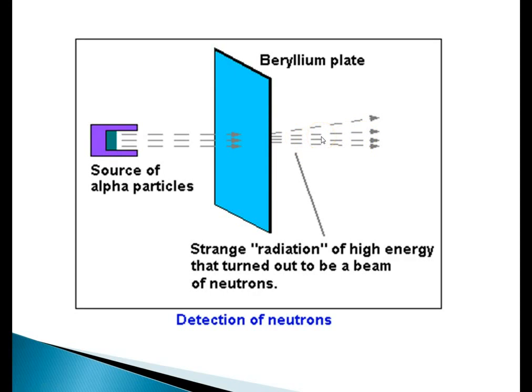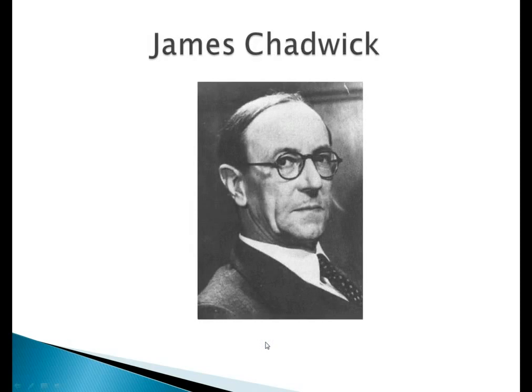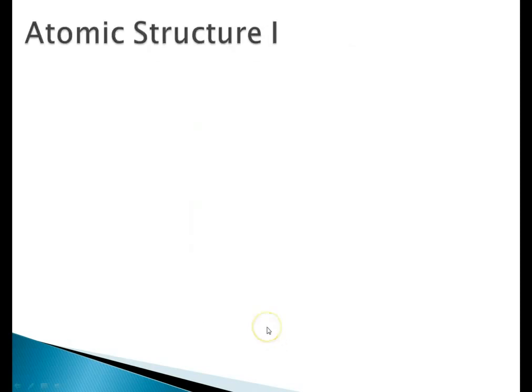Okay, that's how it was determined that there were neutrons. There was a beam of radiation, but it was not deflected by an electromagnetic field. And James Chadwick. It's amazing these guys did this work when they did.